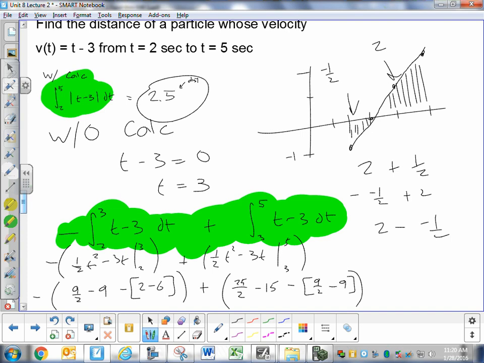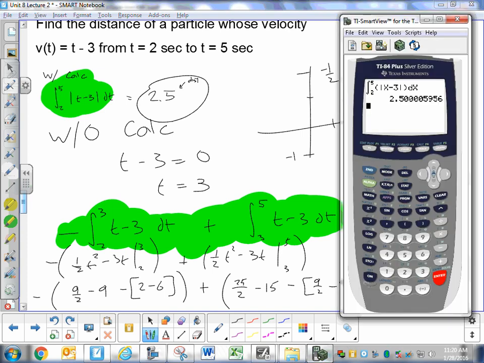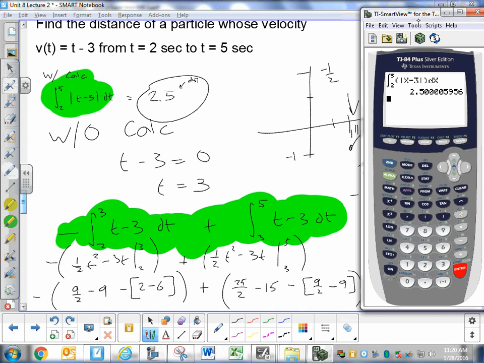If I did this in a calculator, I'm going to do it, because I don't want to do it by hand. The opposite of 9 halves minus 9 minus the quantity 2 minus 6, closed quantity, again, plus the quantity of 25 halves minus 15 minus the quantity of 9 halves minus 9.